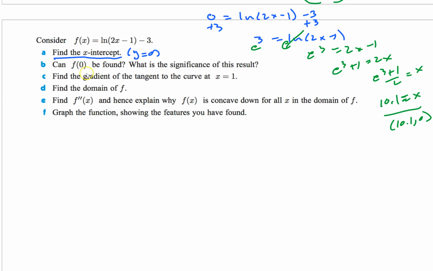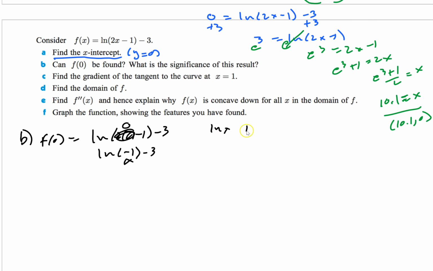Look at B. Can f of 0 be found? What's the significance of the result? So let's see. Let's plug in 0. f of 0, I'm going to get natural log of 2 times 0 minus 1 minus 3. I get natural log, well 2 times 0 is 0. So 0 minus 1 is negative 1. You can't do that. Natural log of negatives don't work. The domain of natural log in general, you have to be greater than 0.